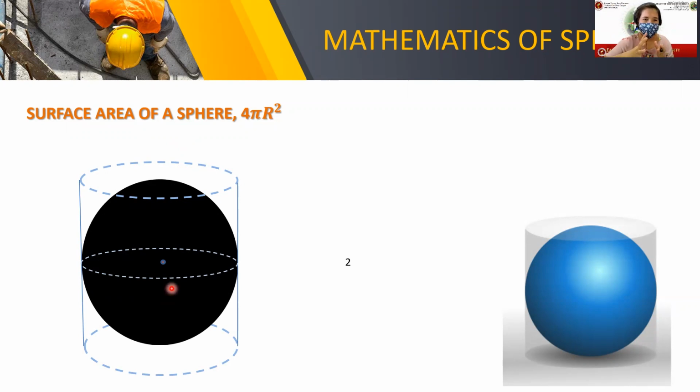Imagine a ball being fit in a cylinder. That is the concept. The top of the sphere touches the upper portion of the cylinder, and the lower portion of the sphere touches the base of the cylinder. Which means the radius of the cylinder is also the radius of the sphere. Similarly, this is half the length of the cylinder, so it is also similar to the radius of the sphere.